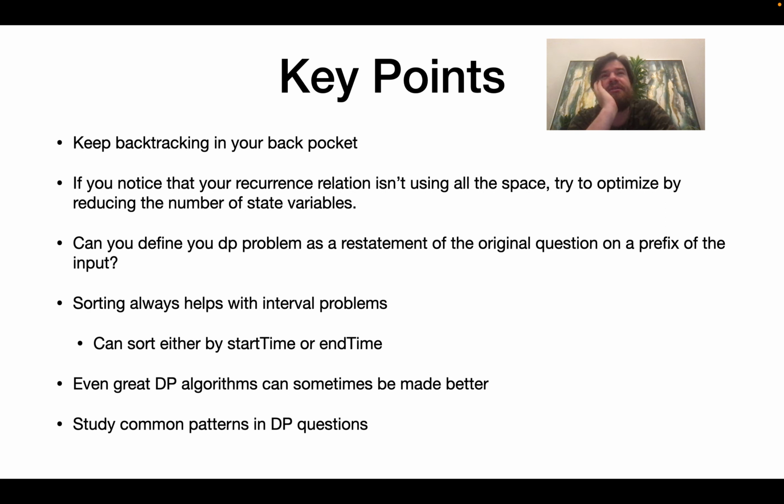You can do a solution that uses linear space, and then you can realize that I'm only looking at 2 elements at a time. What if I just had 2 variables instead of a whole array? That's a very simple case. But in this one, we optimize from having a 2D table to having a 1D array.